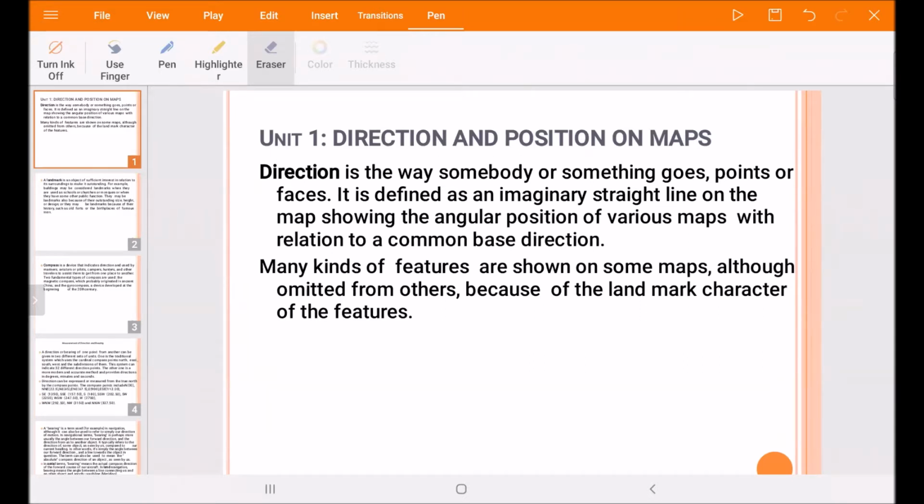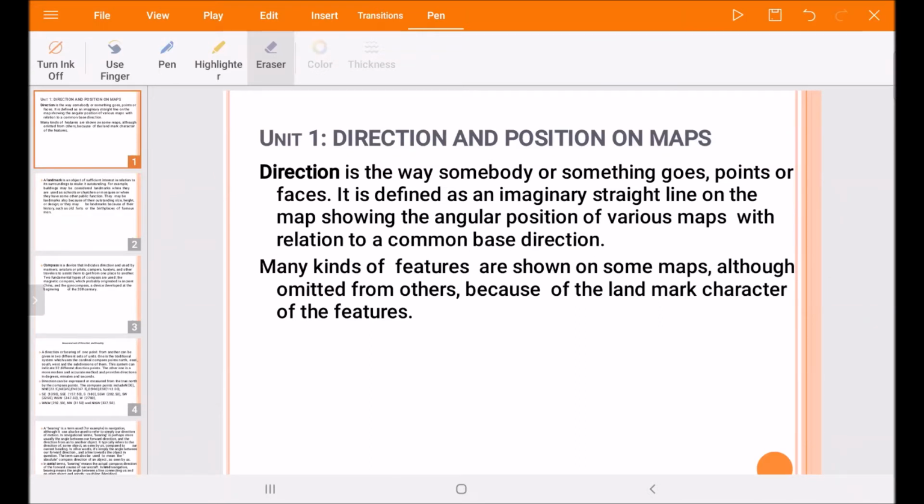Again, there are two types of map: topical and topographical. A topical map shows a single geographical feature, either natural or human-made.